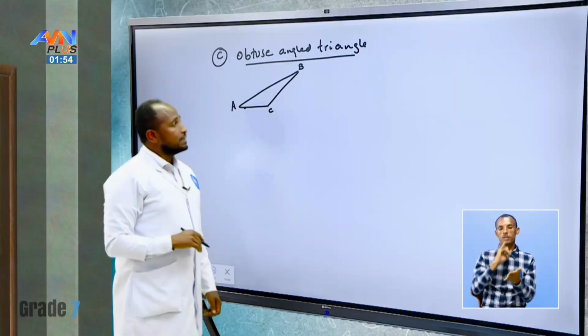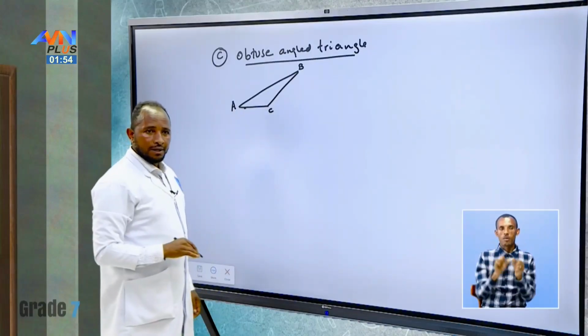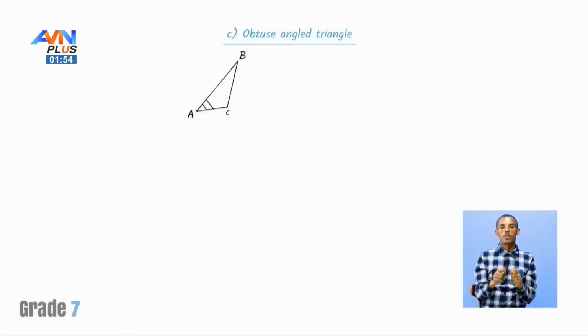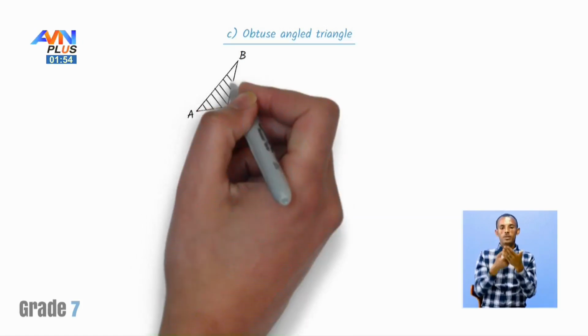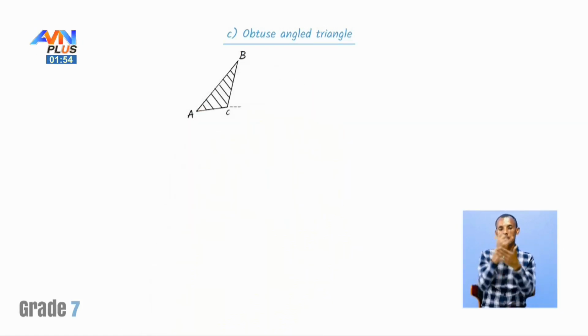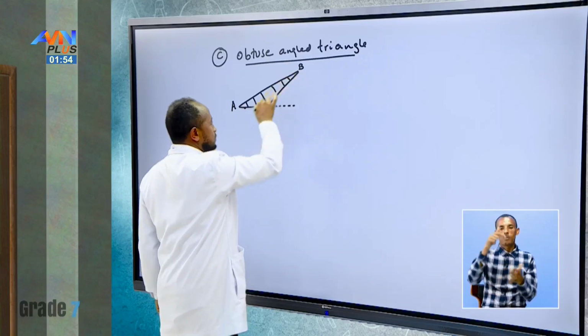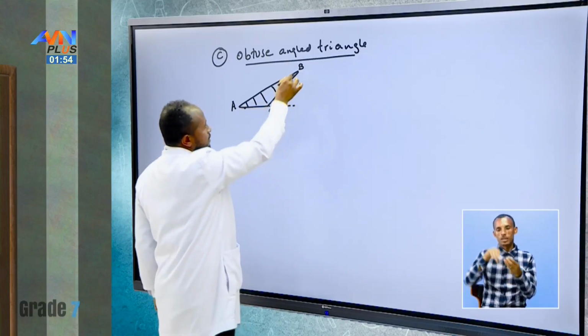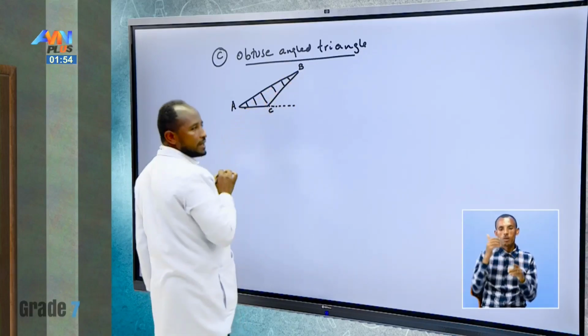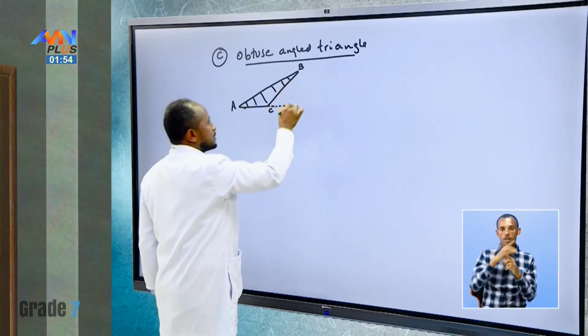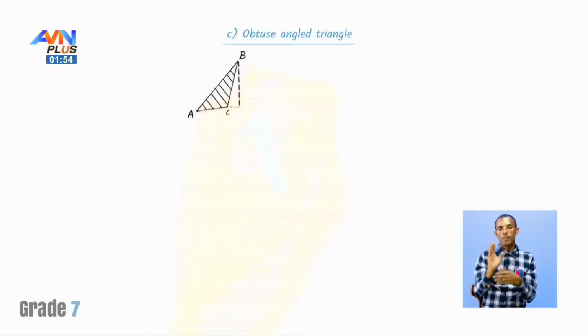To calculate the area of such a triangle, what we do is, we are asked to calculate this area. To calculate this, draw an altitude from point B to the extension of this side. Since we don't have an altitude in this direction, the altitude would be outside, on the extension of side AC.